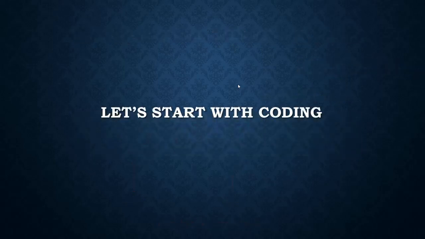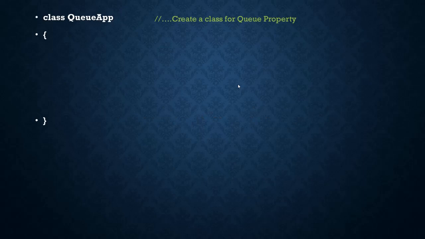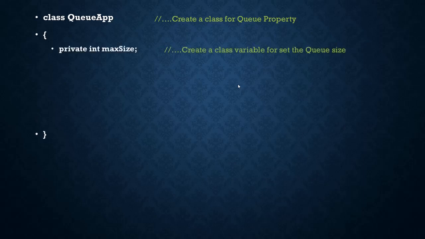Now we are going to start with Java coding for queue. I'm going to create a class for the queue. And then I'm going to create class variables. First I'm specifying the queue size.